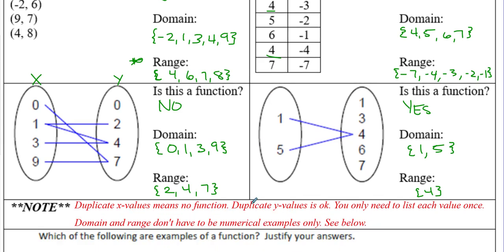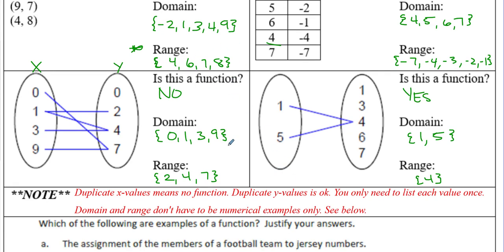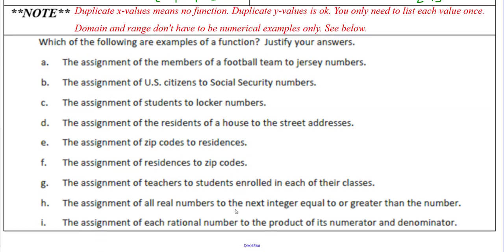Duplicate y values is okay. And remember that note, you only need to list each value once. And they don't have to be numerical examples only. I got this little list right here. I want you guys to pause the video and see if you can really understand what is making a function.